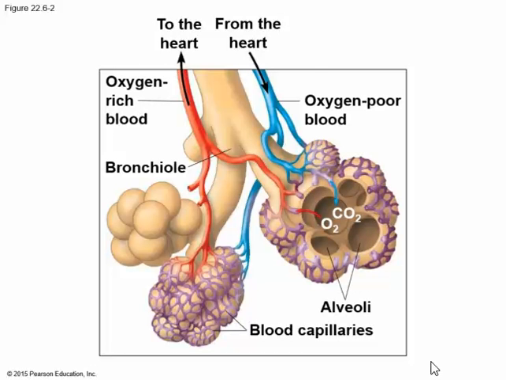Alright, inside there's a network of special blood vessels called pulmonary circulation. From the heart, pulmonary arteries, one to each lung, carry oxygen-poor blood. Oxygen-poor blood goes through pulmonary arterioles, then finally to the pulmonary capillaries, which surround each alveolus.